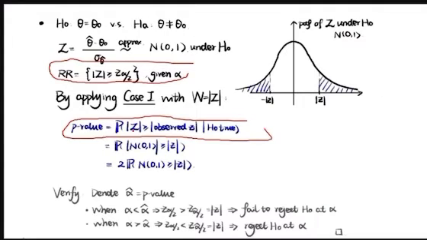And of course, Z is a standard normal variable, following a normal distribution with mean zero and variance 1. At the end of the day, when I find the probability of Z greater, it's going to be 1 minus whatever you read from the Z table, and then you multiply that by 2. That will give you your p-value.